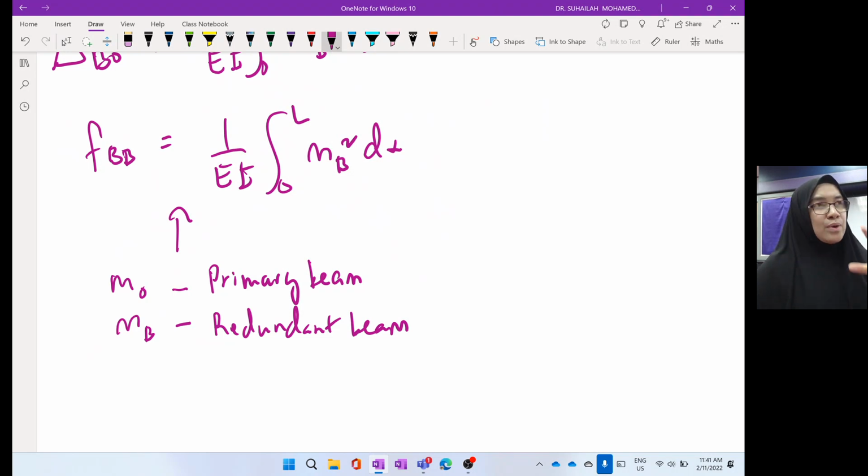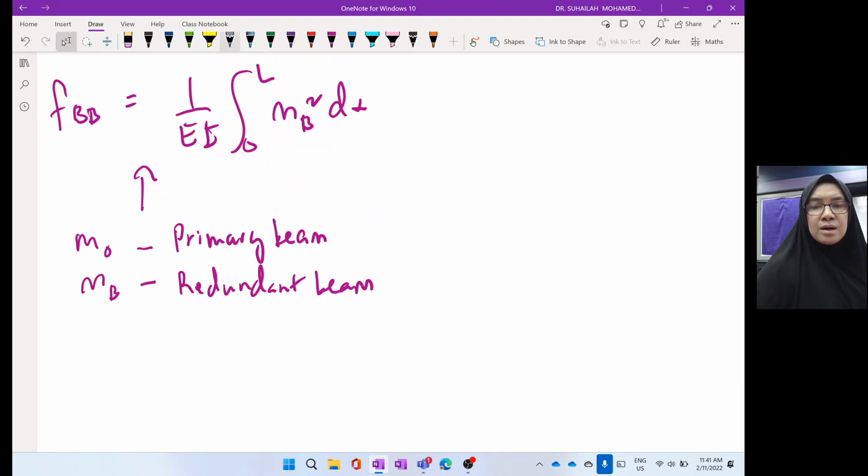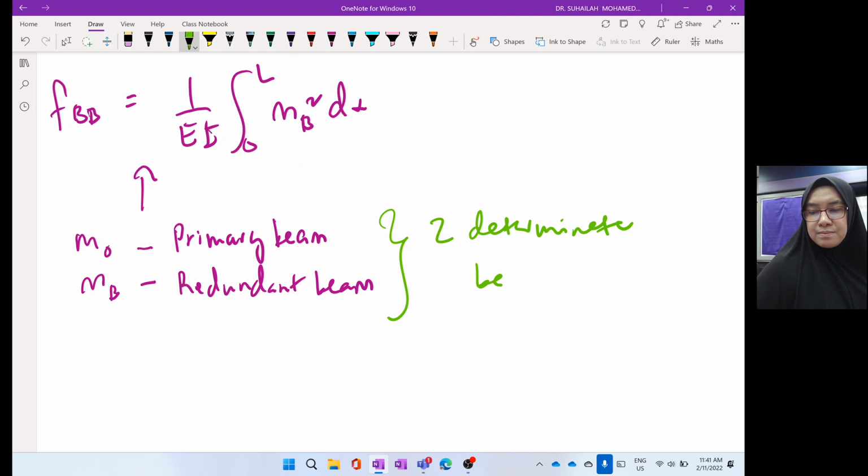Okay? Okay, we have M0 and MB. Means that we have two determinate beams. We have two determinate beams.